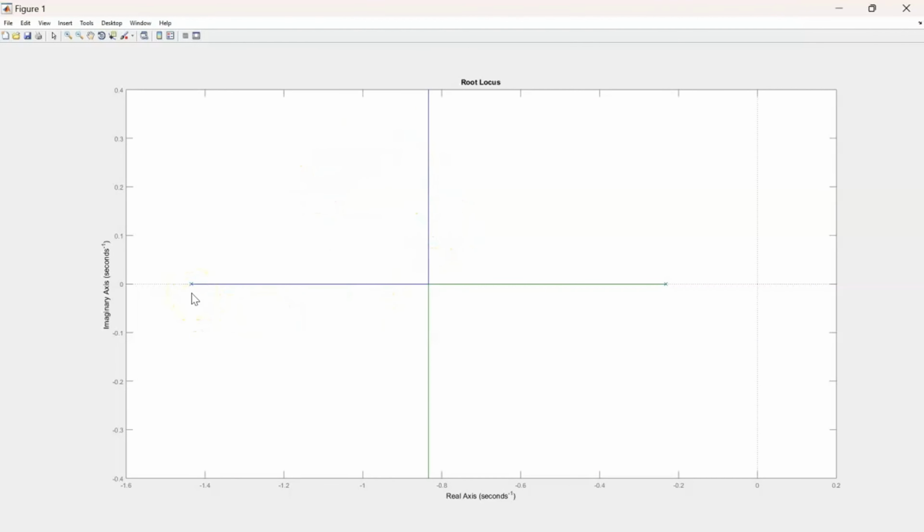For the poles, we got 2 poles, which is here and here, and then zeros, we got non-zero. For infinite zeros, we got 2, which is from here to here, and second one, the green line.